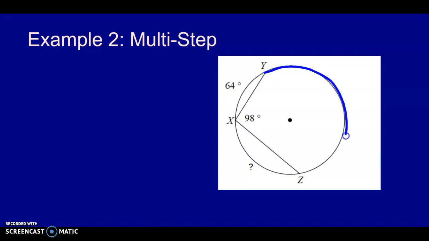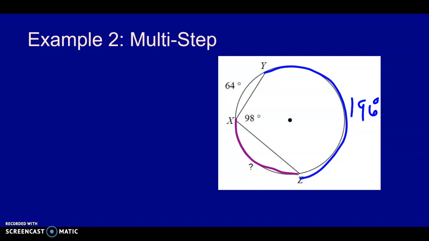I'm going to start by talking about the fact that a circle is 360 degrees. Sorry, my tracing was really bad there. But we can find this major arc YZ by realizing that we have an inscribed angle that's 98 degrees. So arc YZ is 196 degrees. In order to find the arc in question, this purple arc here, XZ, we could say, I know most of the way around the circle.